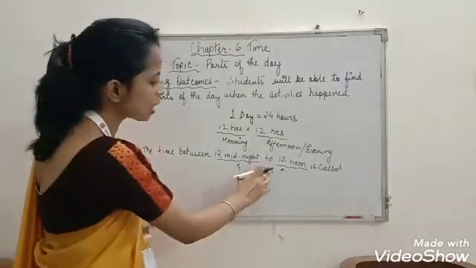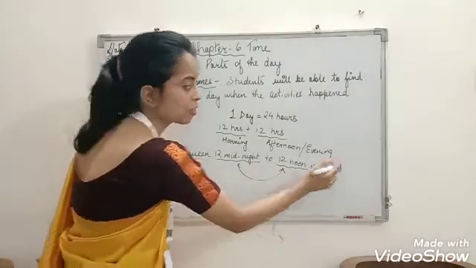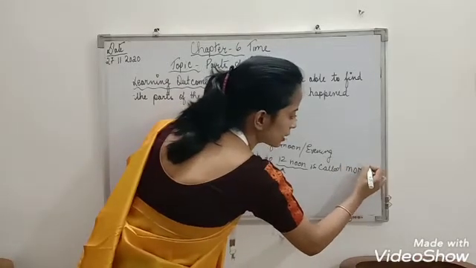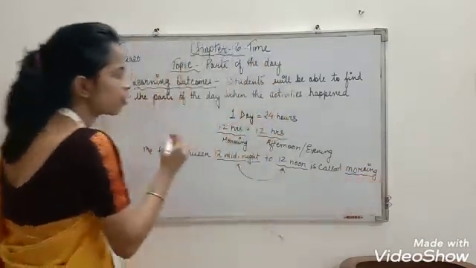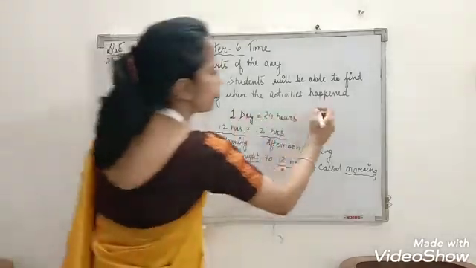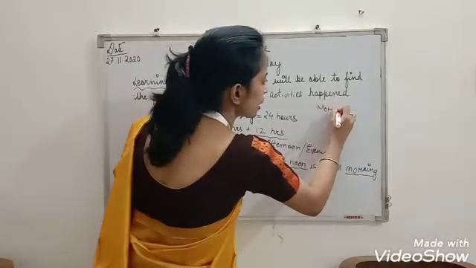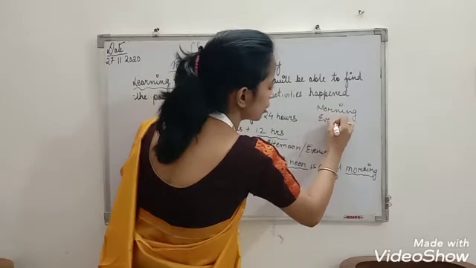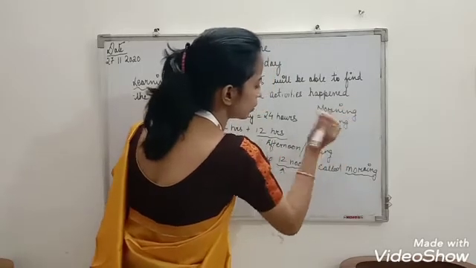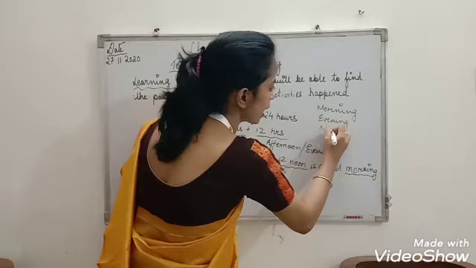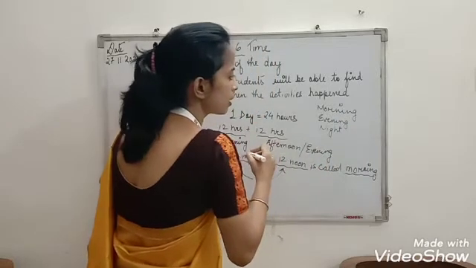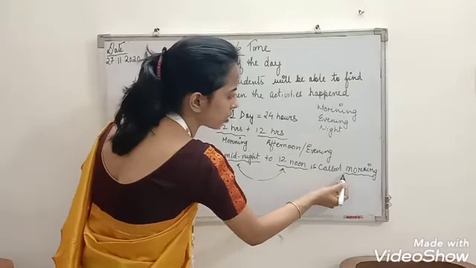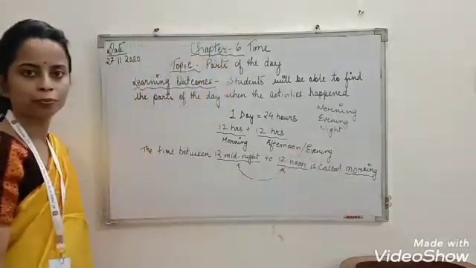The time between 12 midnight to 12 noon is called morning. Morning, afternoon, evening and night make a day.